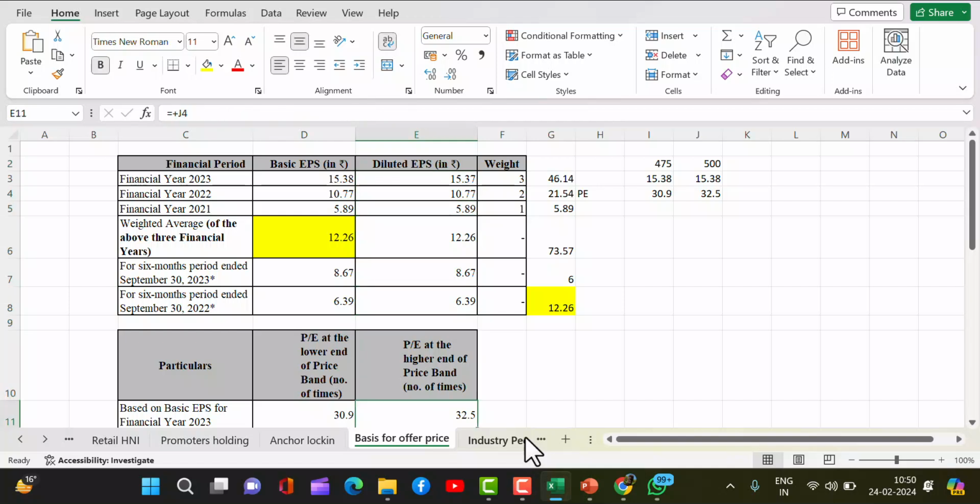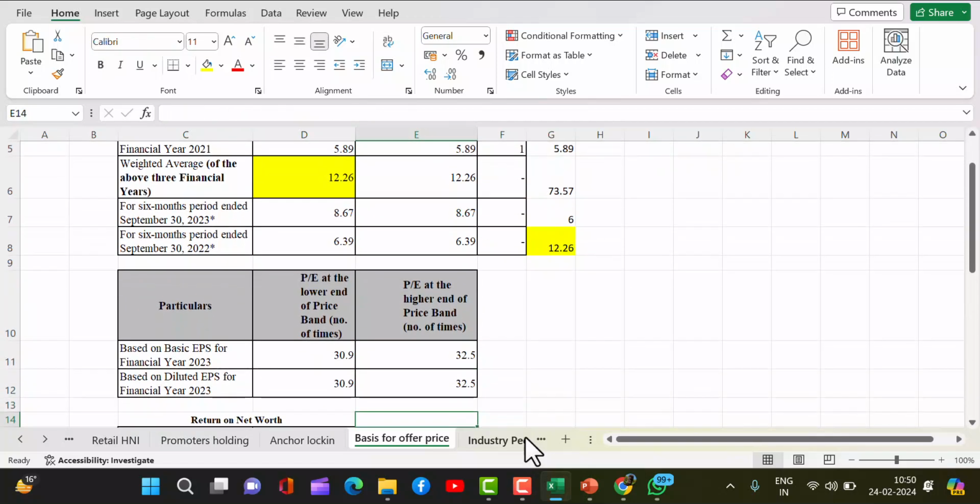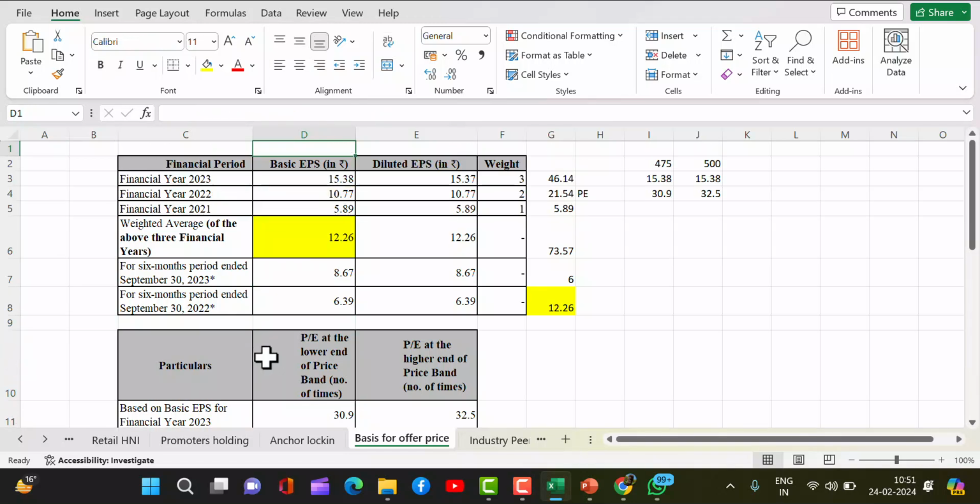Now, since the company is not traded in the public today, they'll give you two PE ratios, for the higher price band and the lower price band. So what we do is we divide. This formula is given here, which is coming from here. So you look at the current EPS, these two EPS, 15.